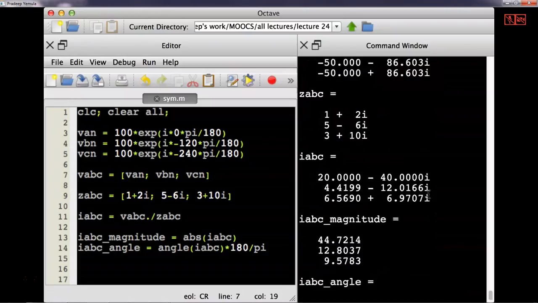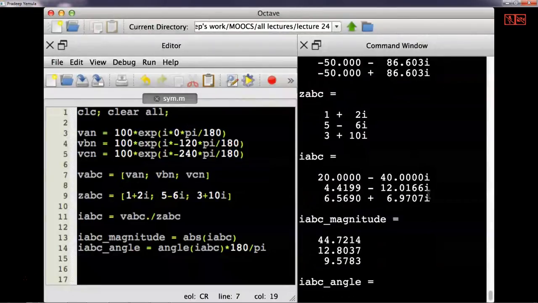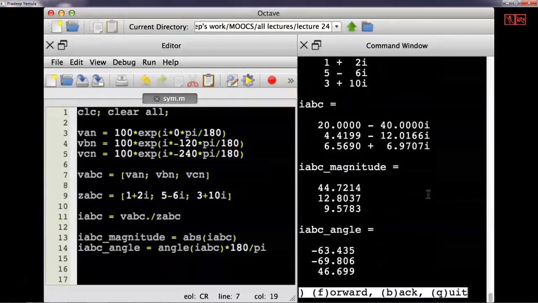I was just looking at the voltages, so they did not seem correct. So IABC is 44 point. Oh, I'm sorry. So these are the correct answers.